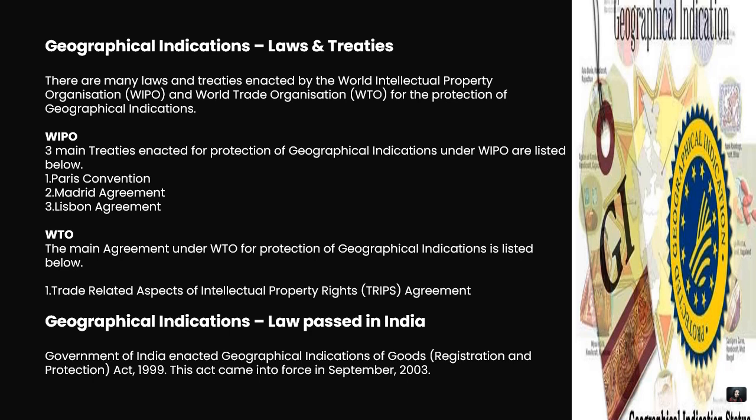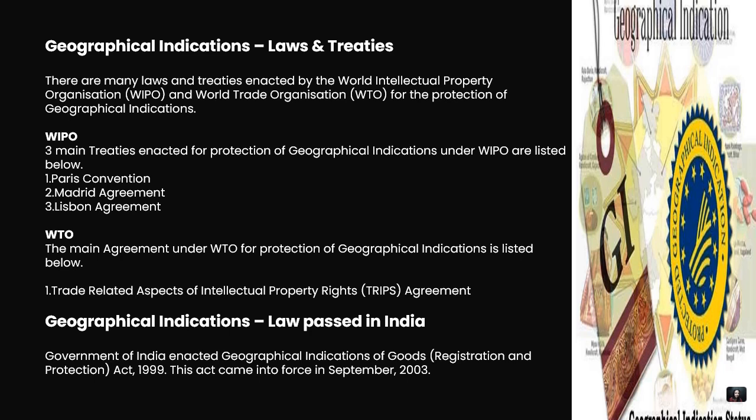Three main treaties enacted for the protection of geographical indications under WIPO are the Paris Convention, the Madrid Agreement, and the Lisbon Agreement. WTO: the main agreement under WTO for the protection of geographical indications is the Trade Related Aspects of Intellectual Property Rights, the TRIPS agreement.